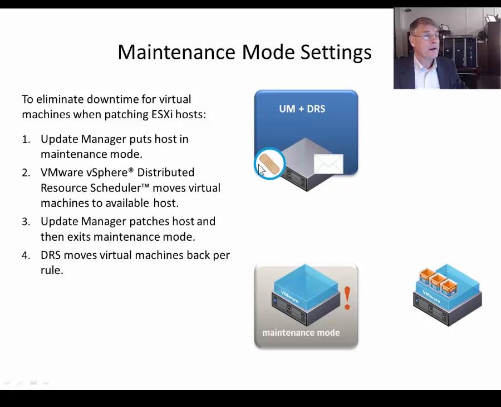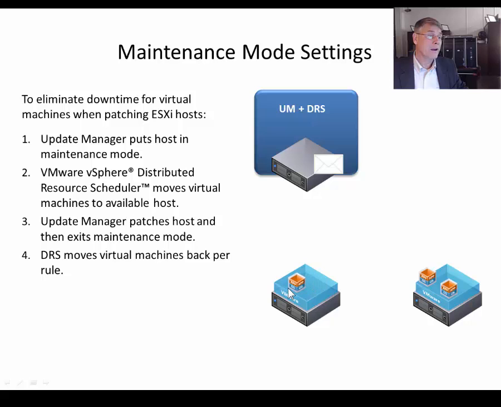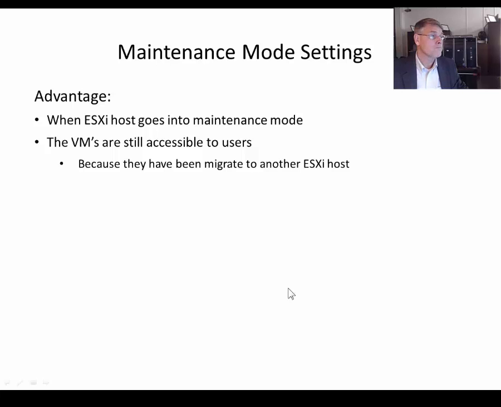And then step 3, the Update Manager pushes the updates down to the ESXi host, and then after the updates have been completed, then the virtual machines are moved back to the ESXi host. And the advantage of this is that when the ESXi host goes into maintenance mode, then the virtual machines are still accessible to users because they have been migrated to another ESXi host.